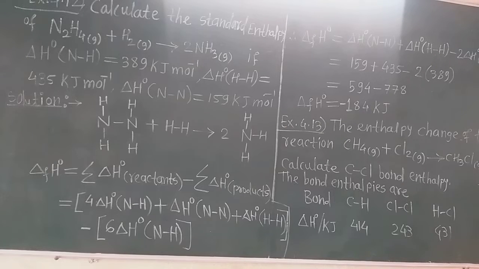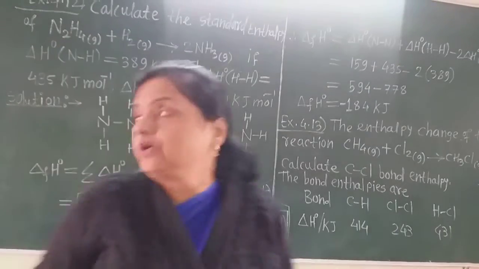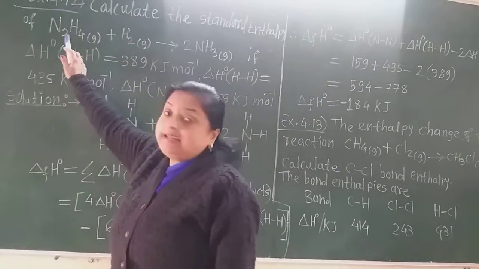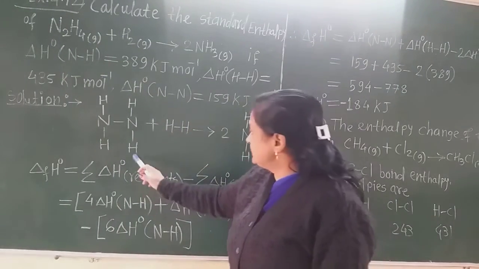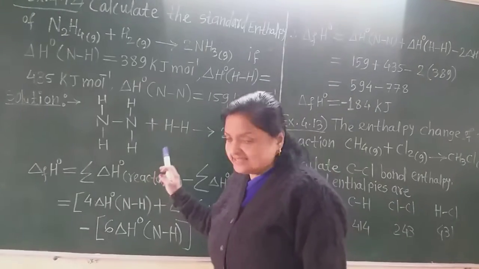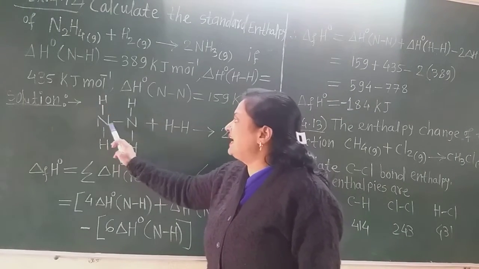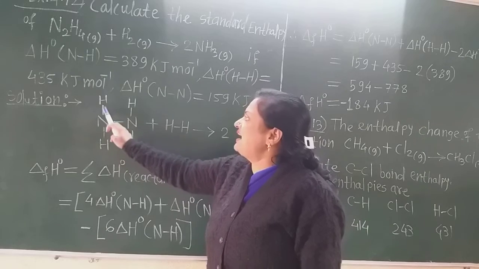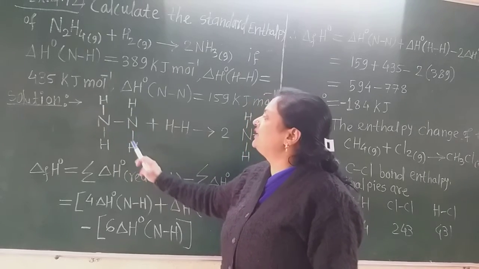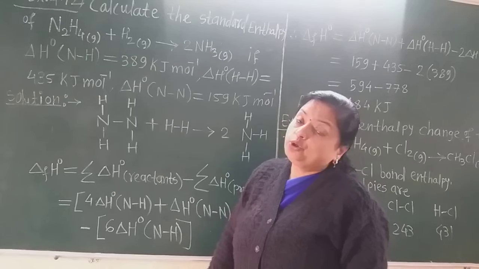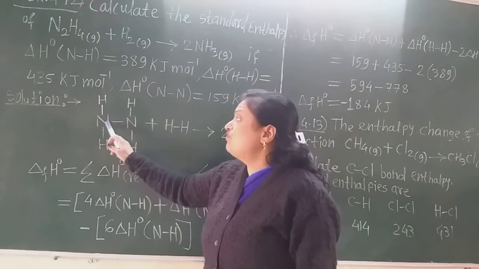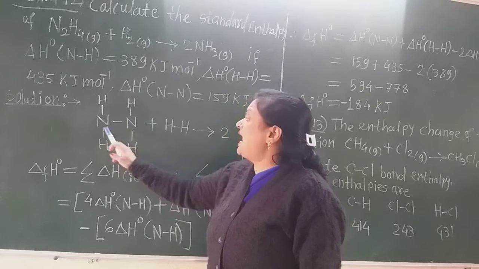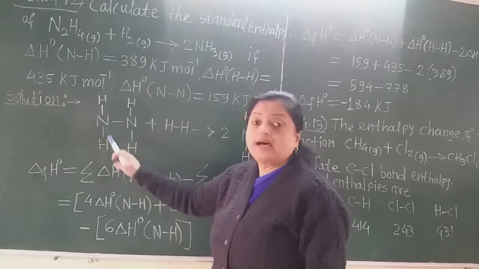Now see here, this reaction I have written in this way. Now how many N-N and N-H bonds are there? This N2H4, N2 means N-N bond, and there are two hydrogen atoms on each of the two nitrogen atoms. That means here totally 1 N-N bond and 4 N-H bonds are there.